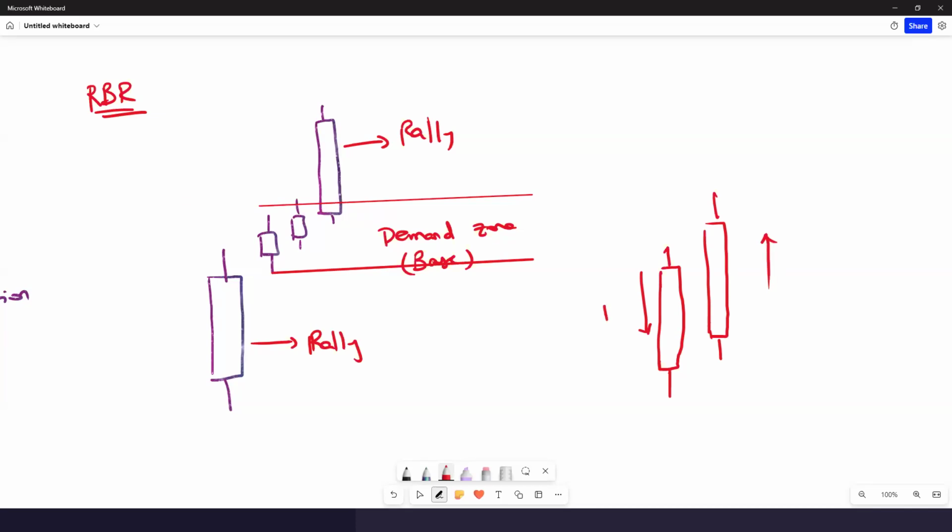So this is a drop and this is a rally. Obviously we will be having some sort of a hidden base over here.